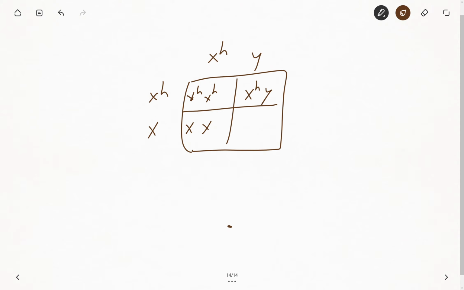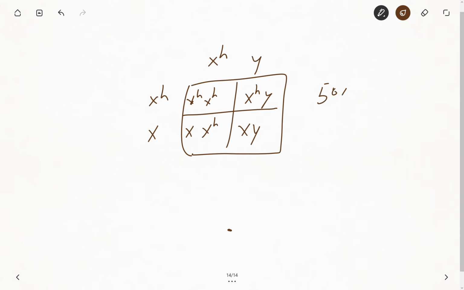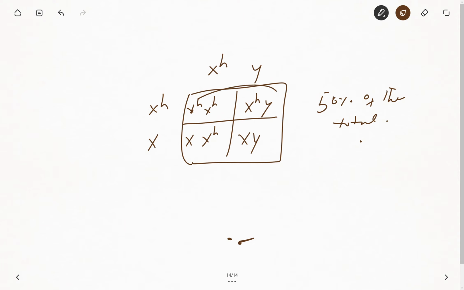So this is a carrier and this is normal. This table shows that 50% of the total offspring are affected. Here the daughter is affected because she is homozygous, and the son is affected because he has the gene on his only X.